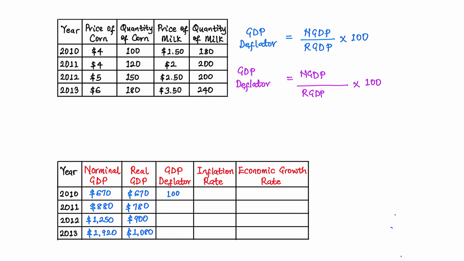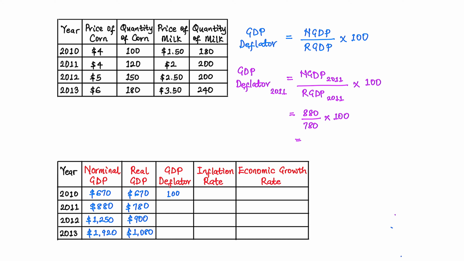Next, we are calculating the GDP deflator of 2011. So this means the nominal GDP of 2011 divided by the real GDP of 2011 times 100. So GDP deflator of 2011 equals the nominal GDP in 2011 is 880 divided by the real GDP, which is 780 times 100.